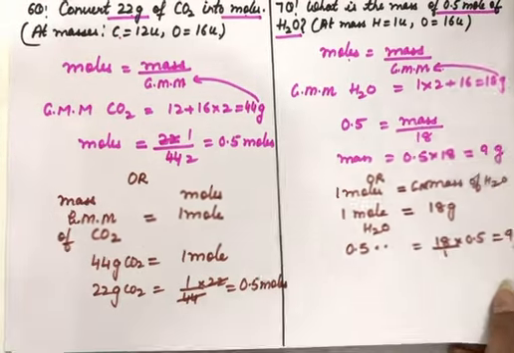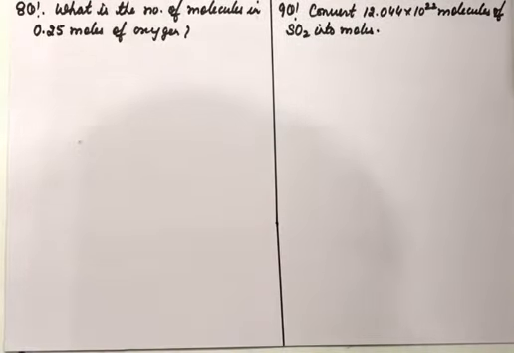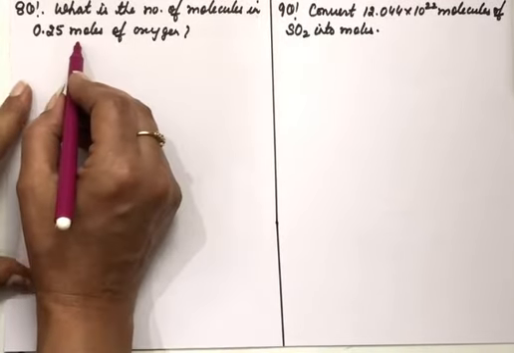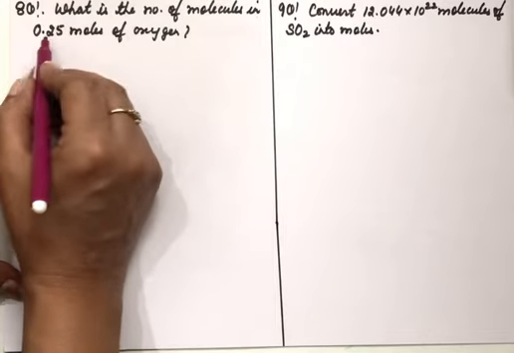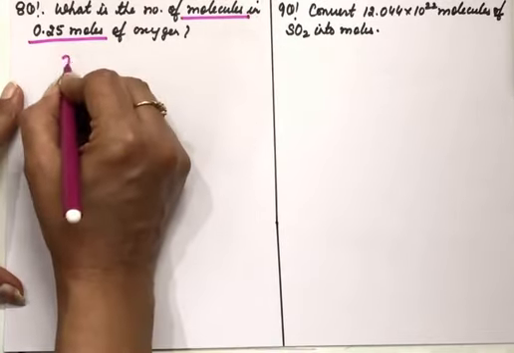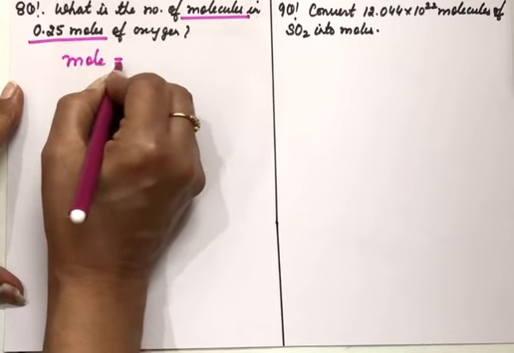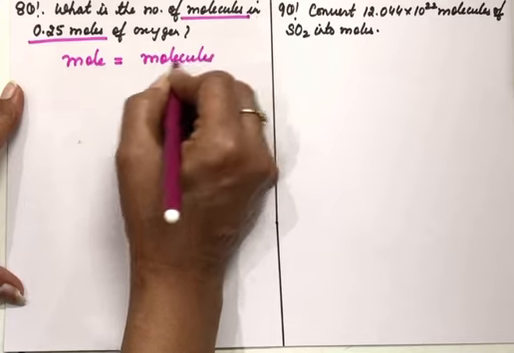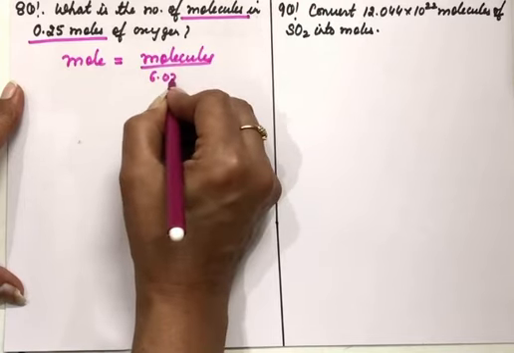Next question, 8th question. What is the number of molecules in 0.25 moles of oxygen? Now moles are given and molecules we have to find out. The formula between mole and molecules is moles equal to molecules upon Avogadro number of molecules.